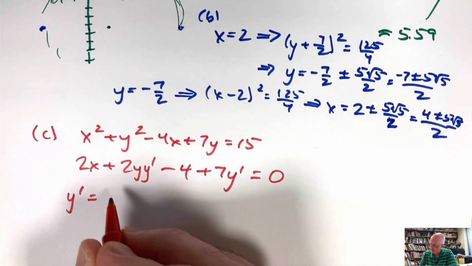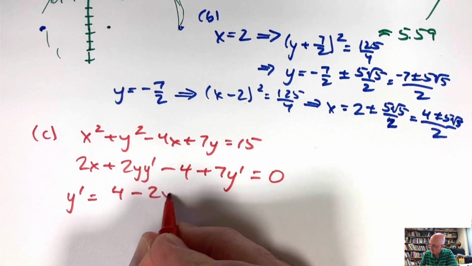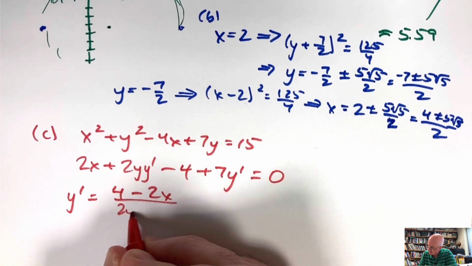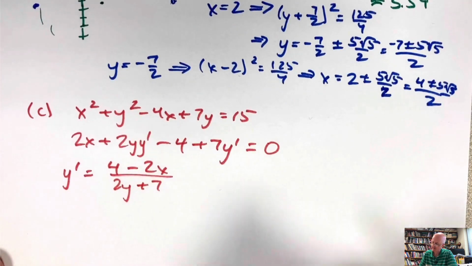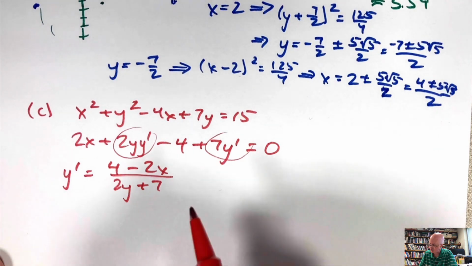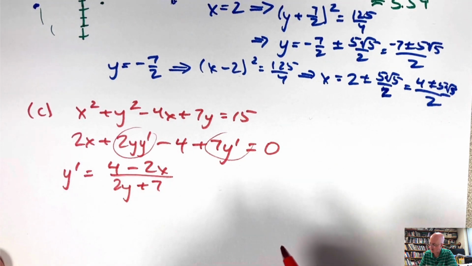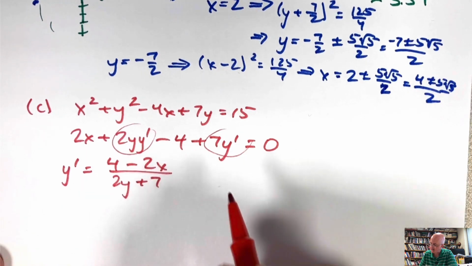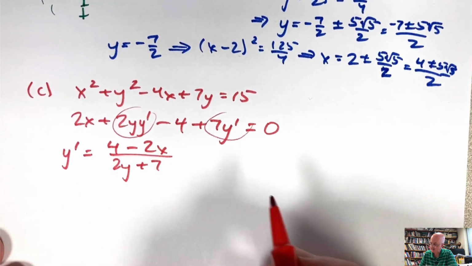What you'll get is 4 minus 2x all over 2y plus 7. If these two terms involve a y prime, you can factor the y prime out and get a 2y plus 7 in parentheses times y prime. You bring these terms over to the other side, you get this. Okay, so that is y prime, and we can use it to find slopes.